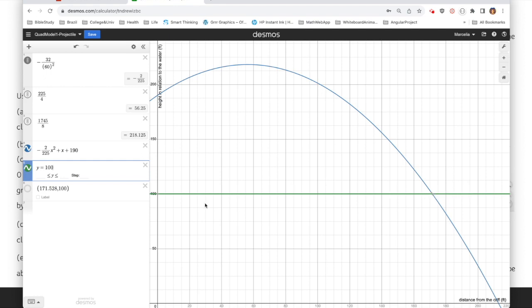So then I mark this point. I saw what number was here and I marked the point. And now I see that when the projectile is 100 feet from the water, it is already at a distance of 171 feet from the base of the cliff.